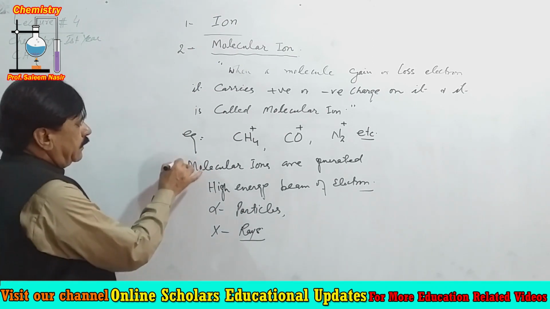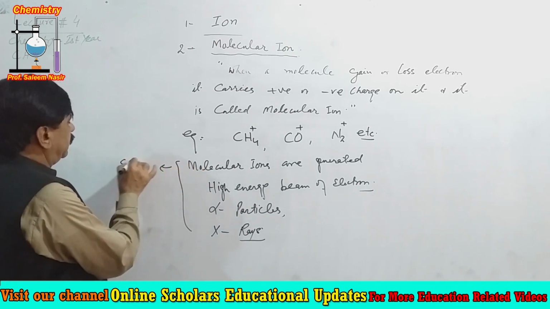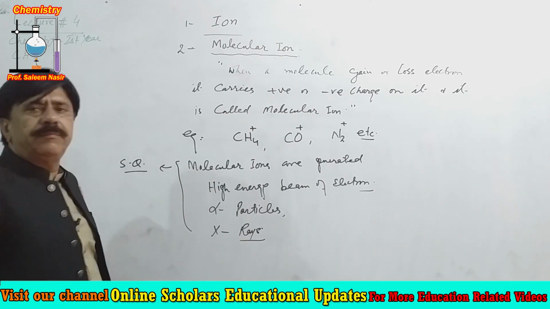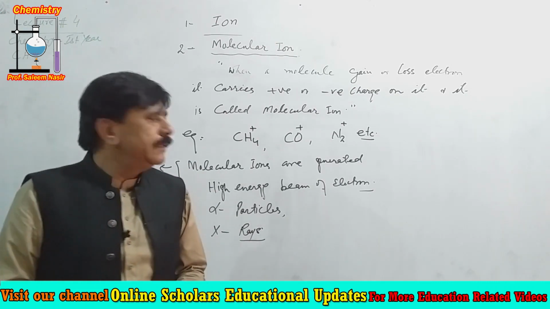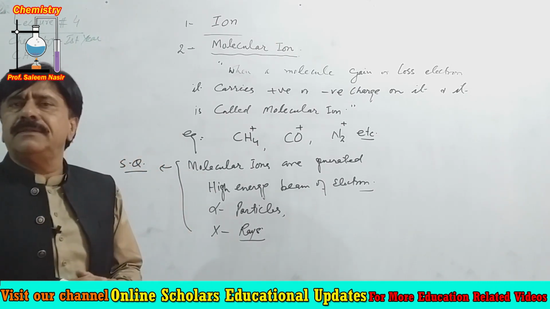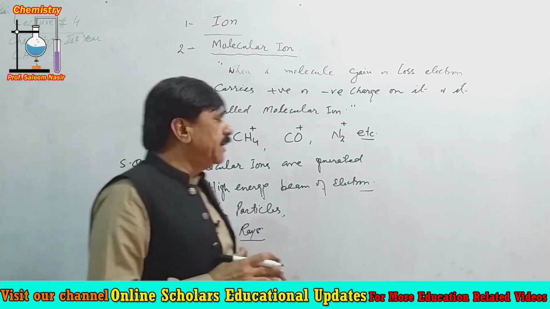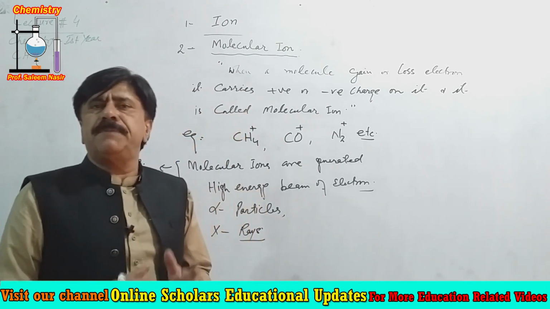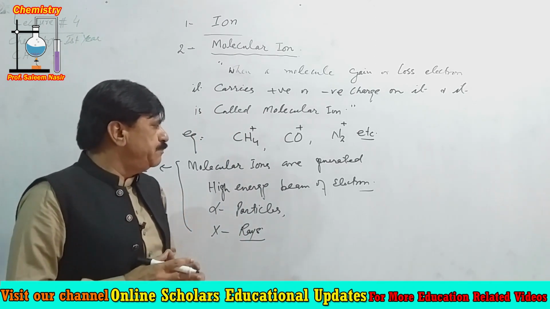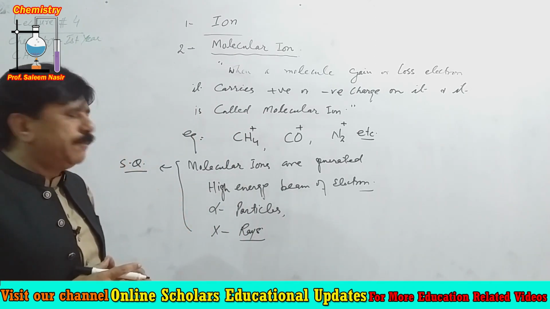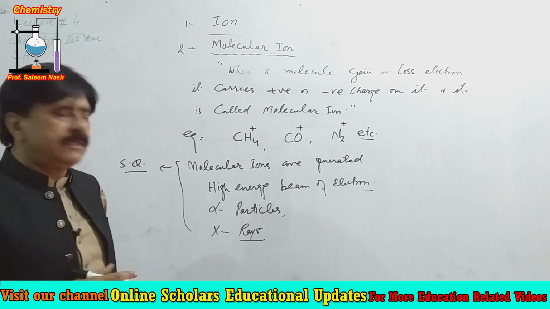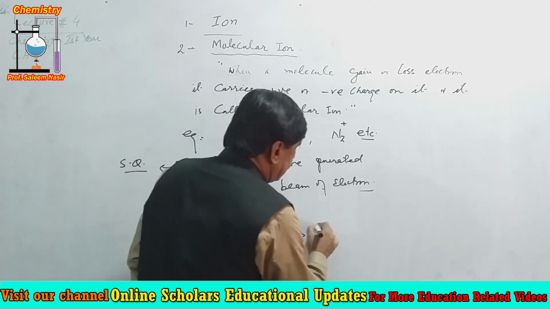That is the short question for your exam, in which it is asked how molecular ions are generated. Our answer is that the molecular ions are generated by passing a high energy beam of electrons, alpha particles and X-rays through gases.